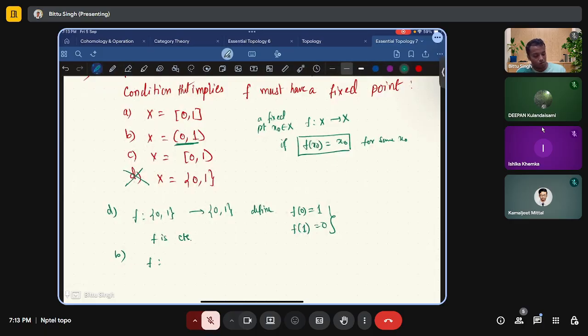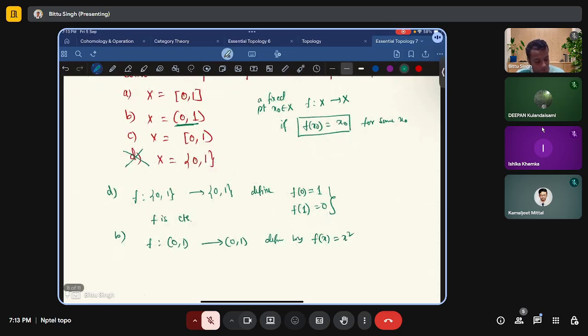So consider this function f mapping (0, 1) to (0, 1). If we choose x in (0, 1), consider the function defined by f(x) equal to x square. Then can you see that this function has no fixed point? It is continuous, that is clear. It has no fixed point, is it clear?